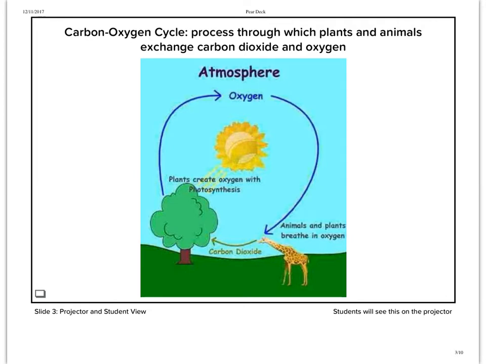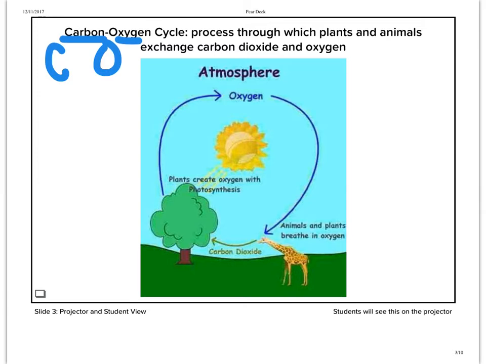The two main things I want you to pay attention to in that term are carbon and oxygen. So we're talking about two elements. You'll get way more into detail on this in physical science, but carbon and oxygen are two very, very important elements of our atmosphere on Earth.